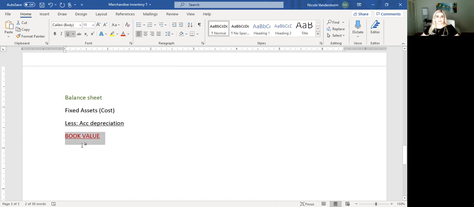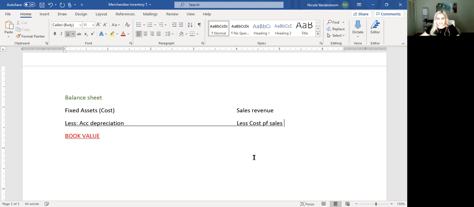ledger in our accounts. Okay, so this very similar thing happens on the income statement when it comes to merchandising, is that what we have is a line item called sales, rather than service revenue, so it would be sales revenue, less cost of sales, and that's going to give us a very important line item called gross profit.